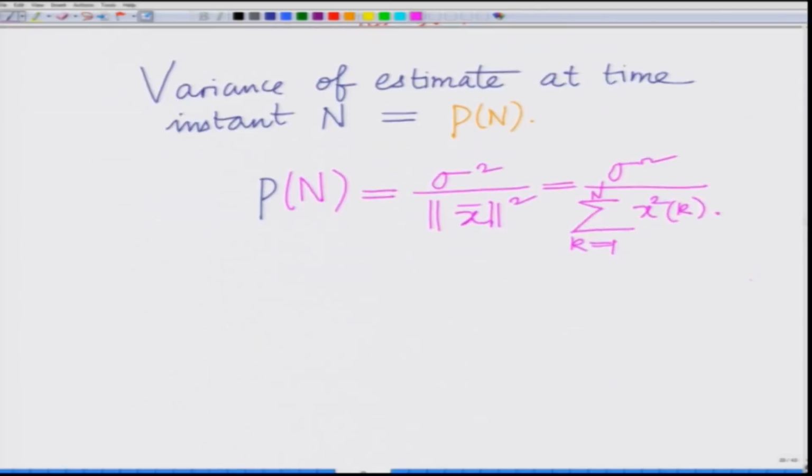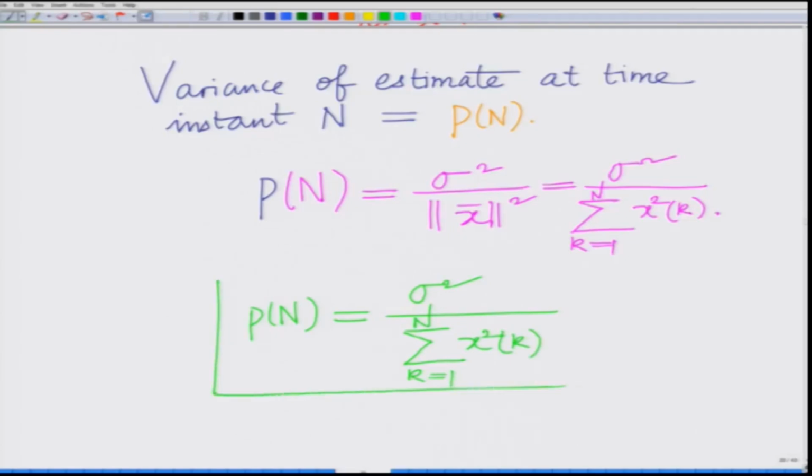So, basically your P of n, the variance at time instant n, equals sigma square divided by summation k equal to 1 to n x square of k, and this is the variance of the estimate at time instant n.